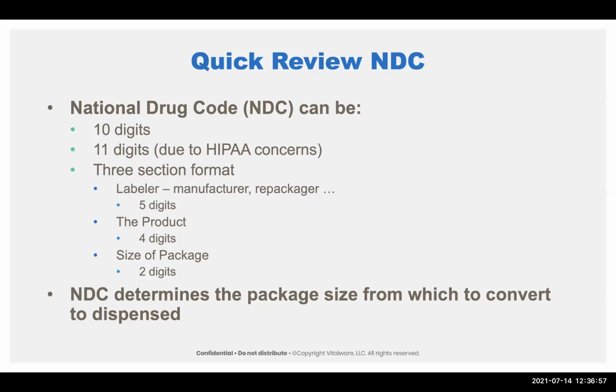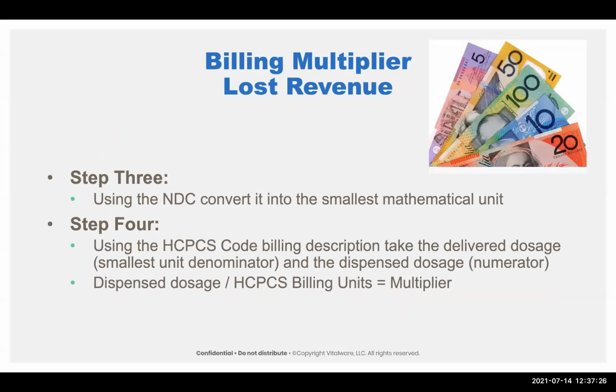This scanning method has drastically decreased the number of risk events that occurred from giving the patient the wrong dose or the wrong drug. So it's very important that the scanning goes on, and most MARs will not let you proceed unless the scanning happens. But that NDC then can be compared at two places. If the NDC on the vial doesn't match the NDC that was dispensed, we've got an issue. Then the multiplier becomes the lost revenue.